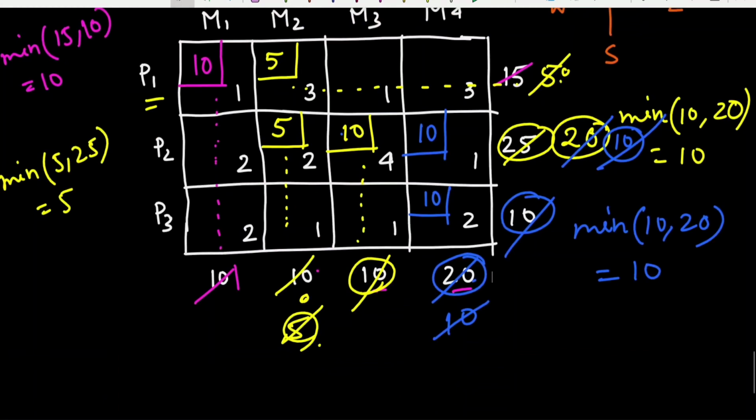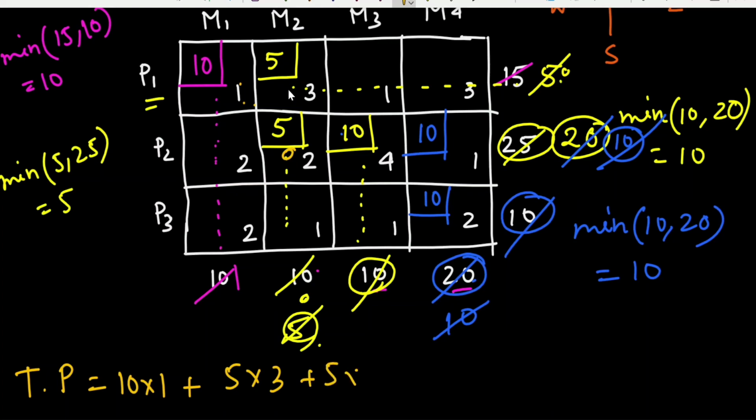Now the transportation cost is simply the sum of products of allocations with the corresponding costs. So the transportation cost is equal to 10 into 1 plus 5 into 3 plus 5 into 2 plus 10 into 4 plus 10 into 4 plus 10 into 1 plus 10 into 2.